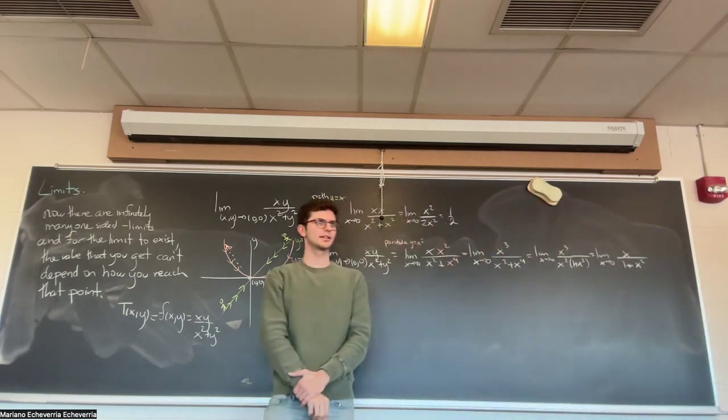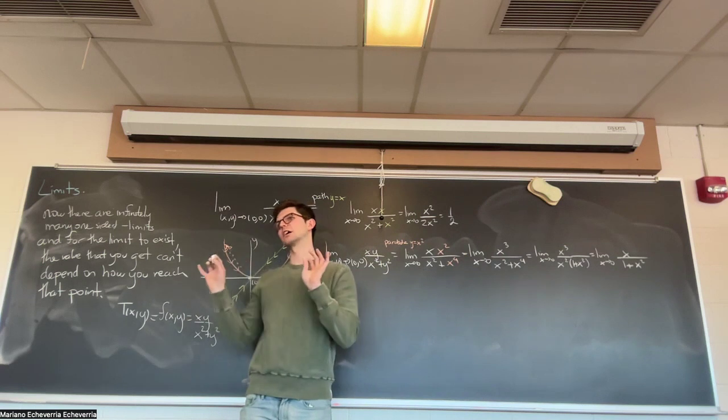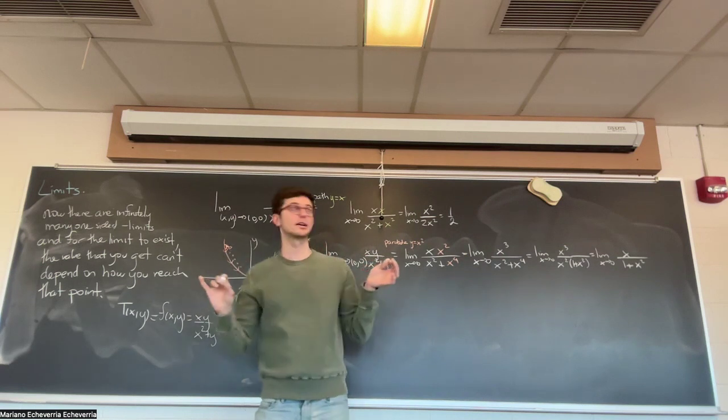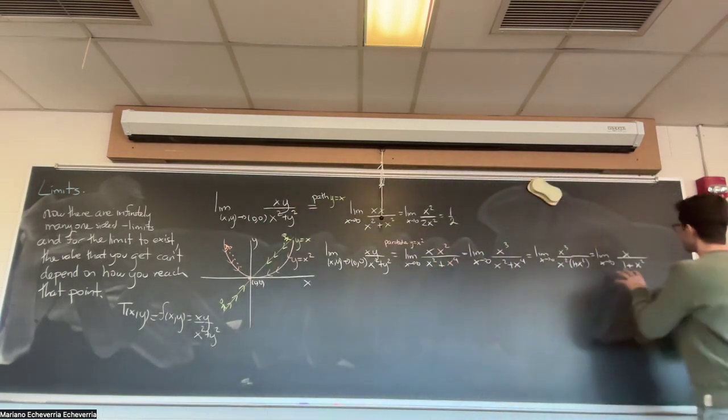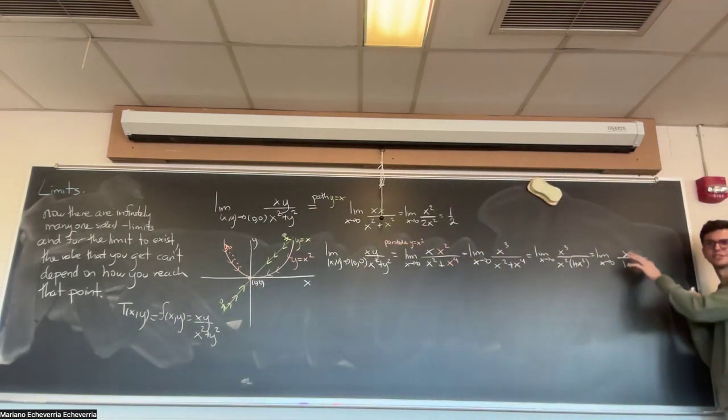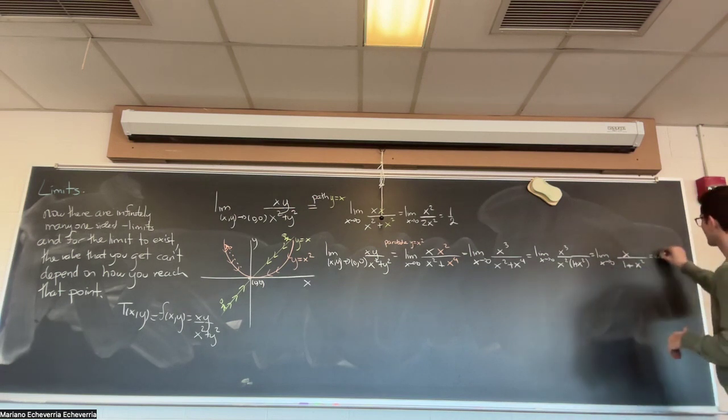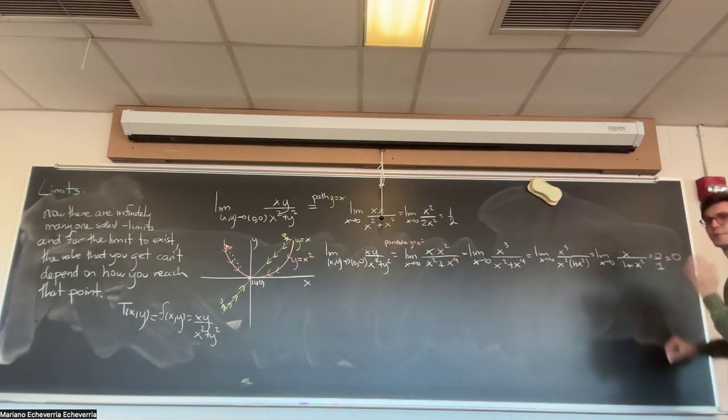So far, so good. Is that making sense? And now this is a good version of the limit because now I can just plug in. The denominator is no longer problematic. So it's just 0 over 1, and that's just 0.